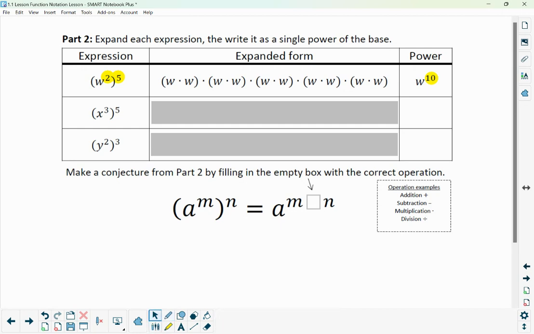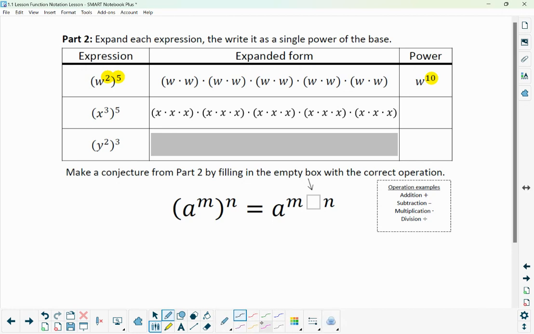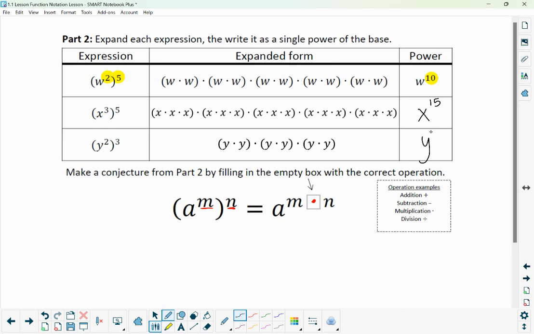So if you think about expanding these, you can see that the exponent rule is that if we have a power raised to another power, we multiply those powers together. So this next one would be x to the 15th power because we have 15 x's multiplying together. And this one would be y to the power of 6.